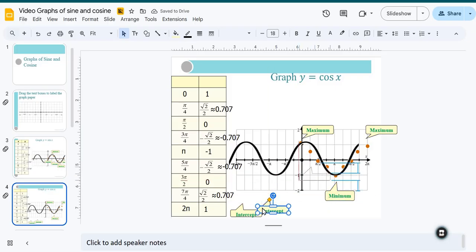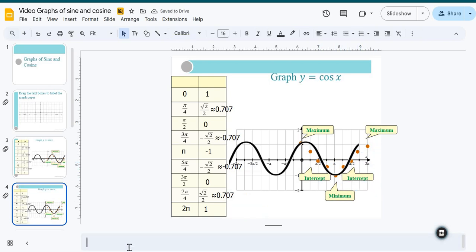And then we have our 2 intercepts. So this time our key points go max, 0, min, 0, max. So slightly different.